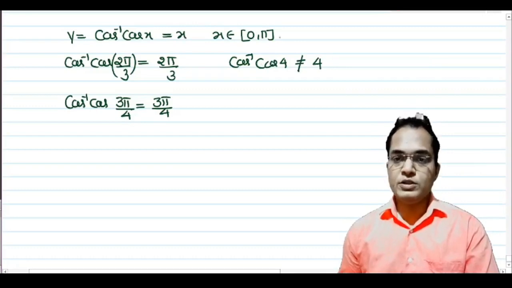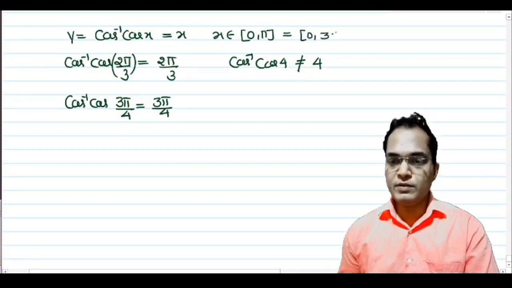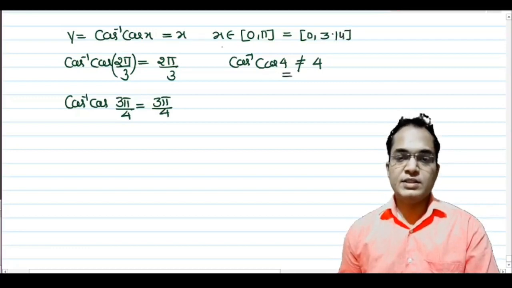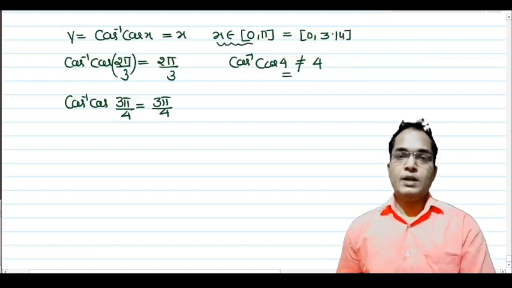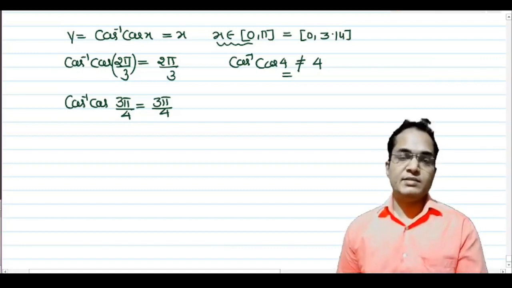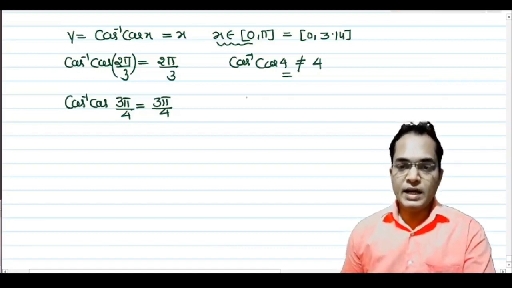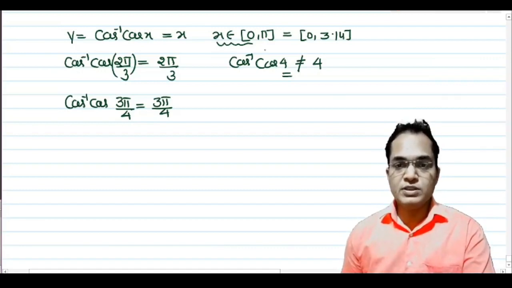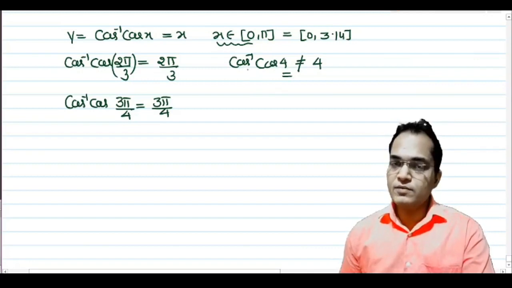Because the value 4 is greater than 3.14, as 0 is 0 and pi is approximately 3.14, and your value is greater than this interval. Now what will happen? Just like sin inverse sin x, we apply trigonometry and reduce the 4 into this interval by applying trigonometric formulas.